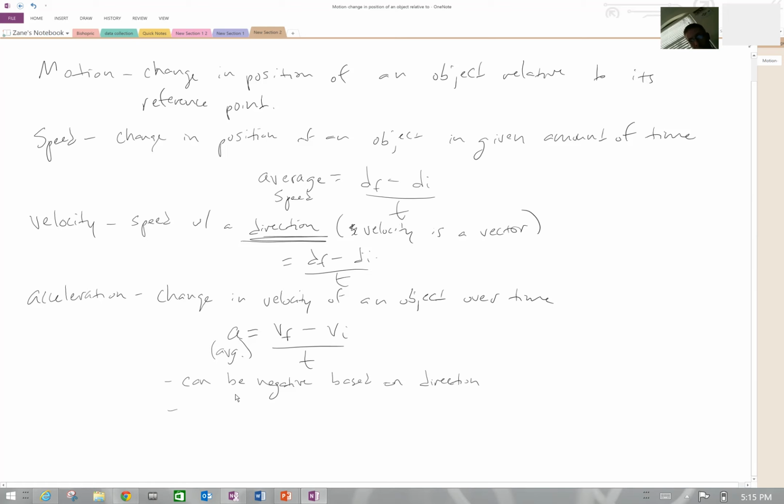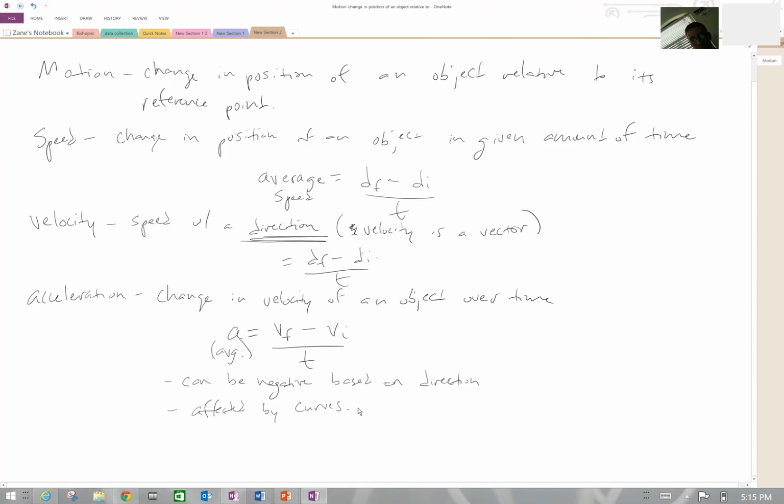And if you remember the other special case of acceleration, acceleration also changes when going around curves. Even if you're going at a constant speed, if you go around the curve, because you're changing direction, you're changing acceleration. Okay? So affected by curves.